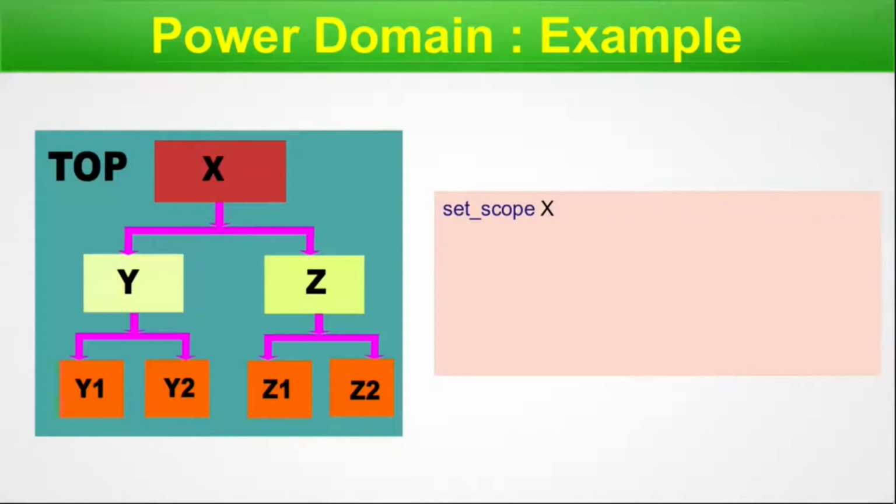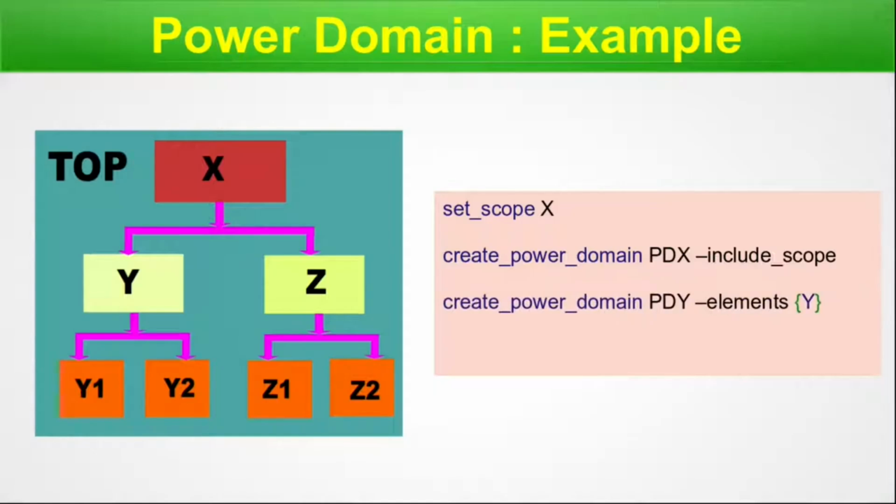set_scope X. We are setting the scope X, which is at the top level. create_power_domain PDX, and we write -include_scope. That means when we create power domain X, which is the red box in the left figure, we include the already defined scope that we have just defined in the line before.